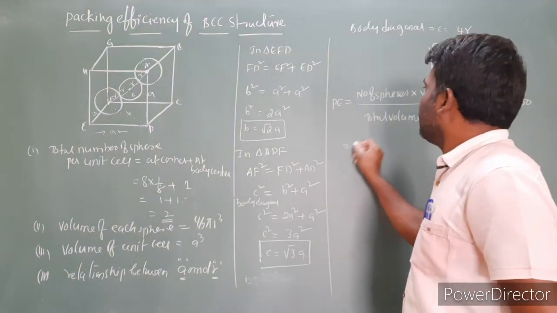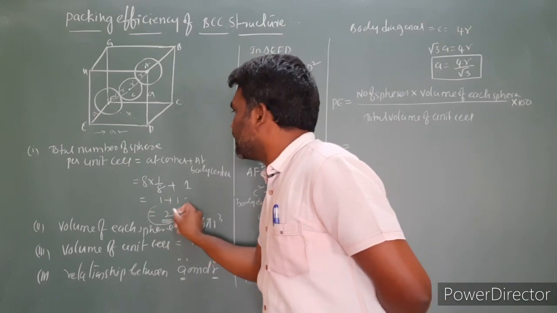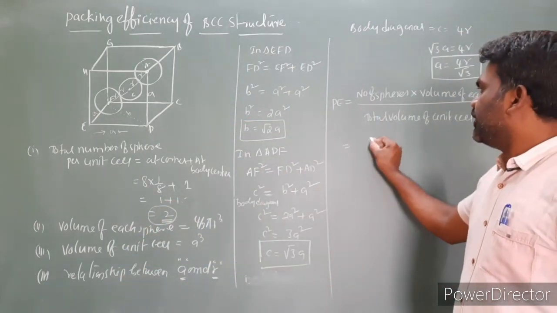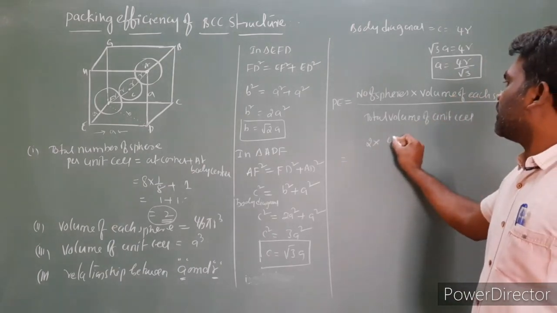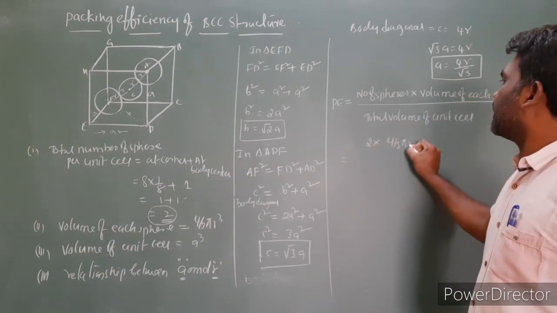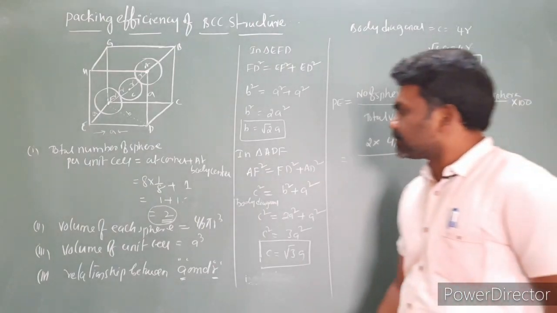So substitute the values we got. The number of spheres we got is 2. So 2 into the volume of each sphere. We know that is 4/3 pi r cube.